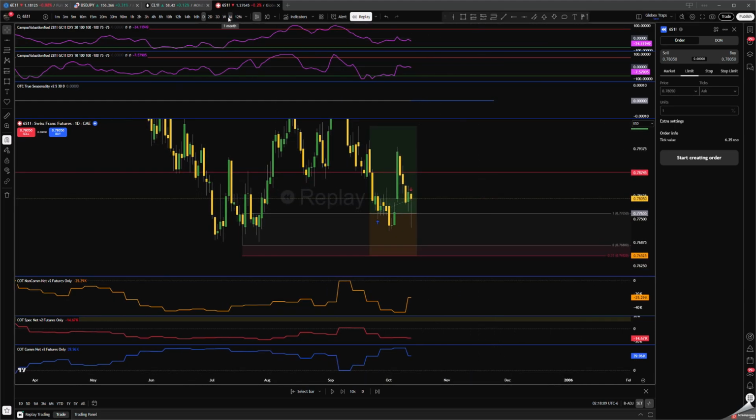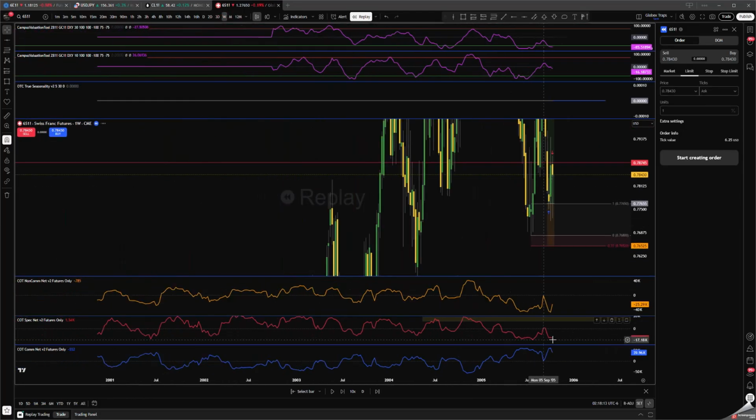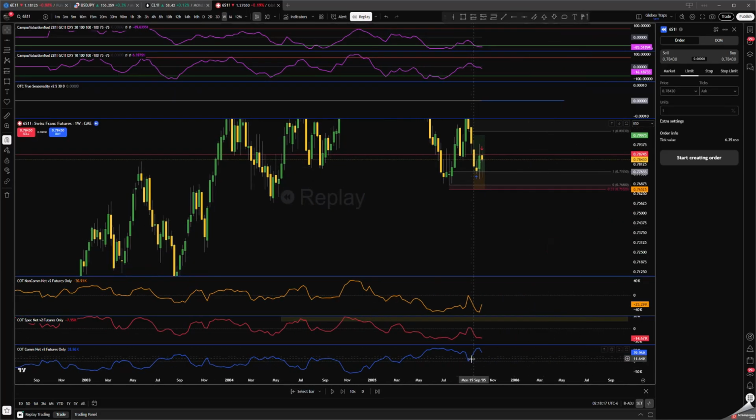Let's see what the fundamentals are doing now. Even if you look at it, the retailers are again at this low, and the price went up. Also the commercials are really long, and the fund managers are turning their positions.